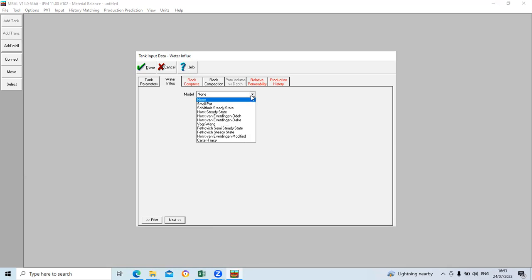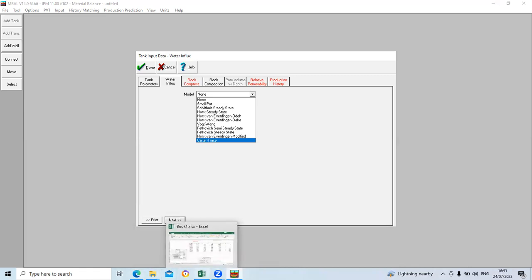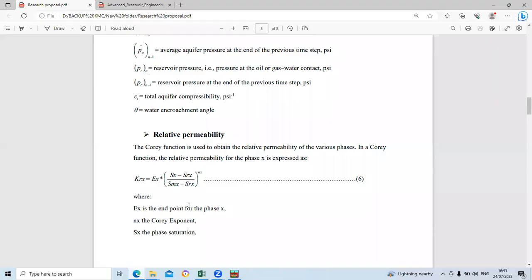I think I have a book here which I will share with you, Reservoir Engineering Management, or Advanced Reservoir Engineering. Any of them will have most of these correlations inside. So you have to take a good look at that so that you understand what each of them is saying.